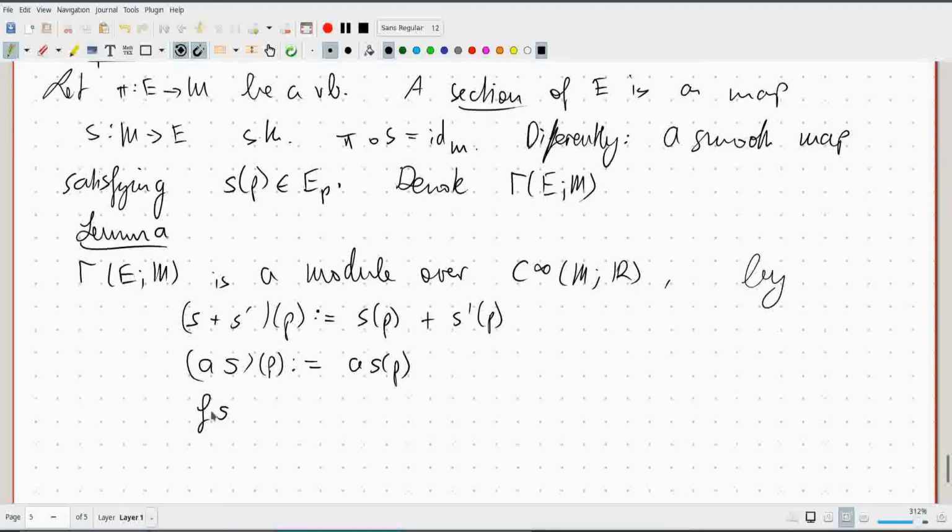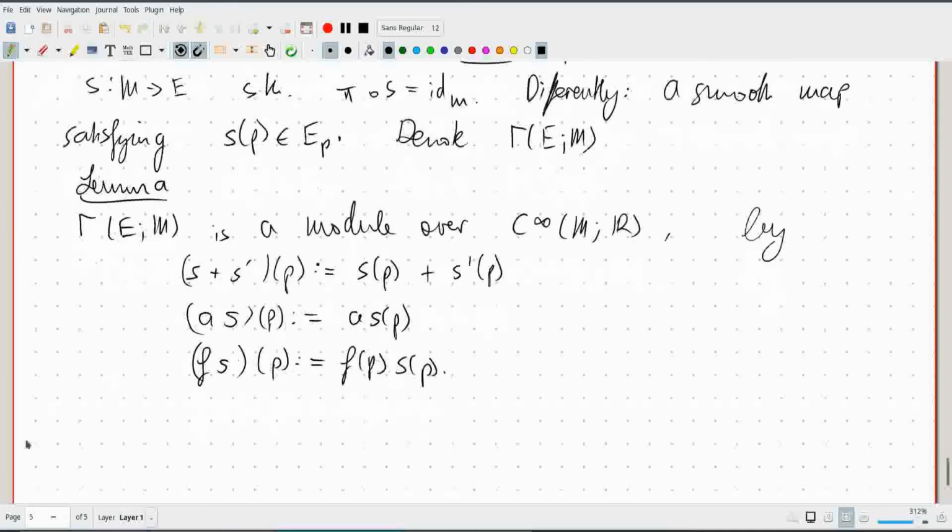You can also scale them by a function, and that is just f of p times s of p. So all of the operations are just defined pointwise, and that makes it into a module, and it's a big theorem that firstly, those are not any kind of module, they are projective modules.